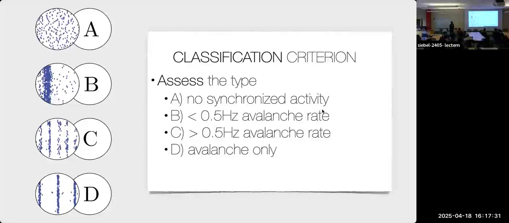Again, for type A we usually don't see any synchronized activity. For B and C, we chose 0.5 hertz to split them, for empirical reasons. Later on, this burst rate relates to how fast we can use the system to encode information. You can think of it like a clock rate for a CPU.